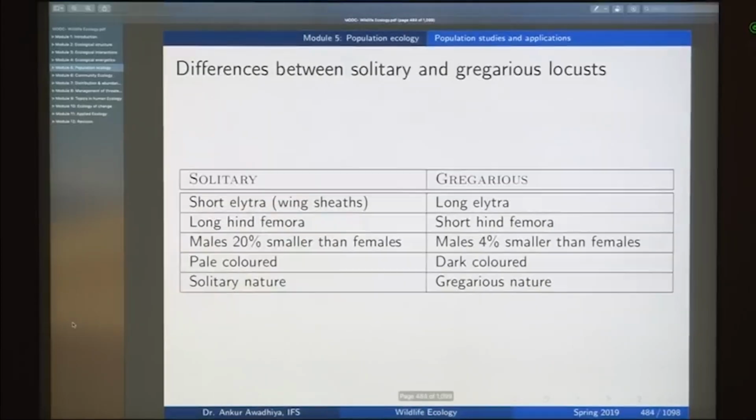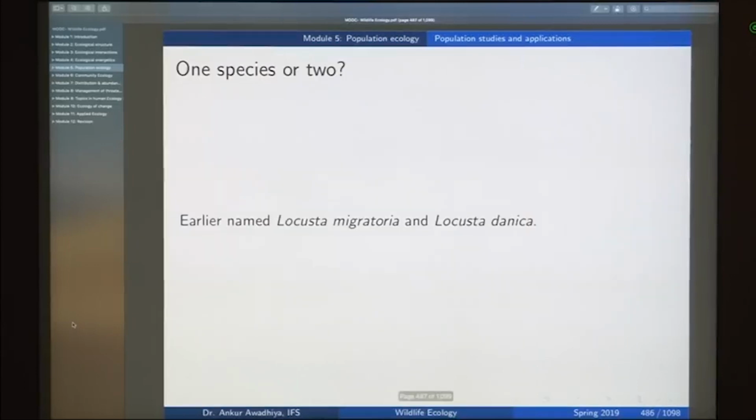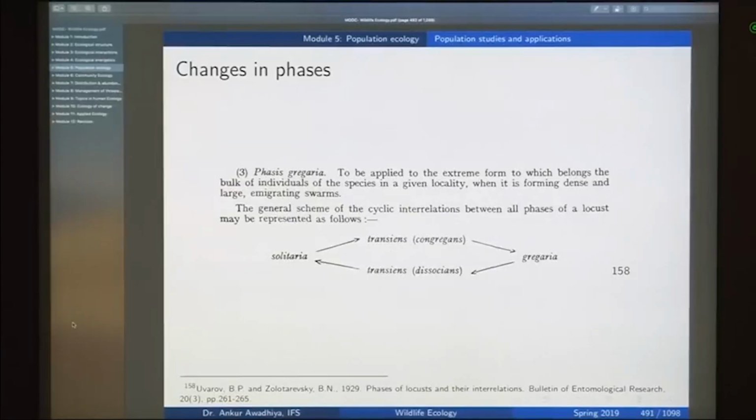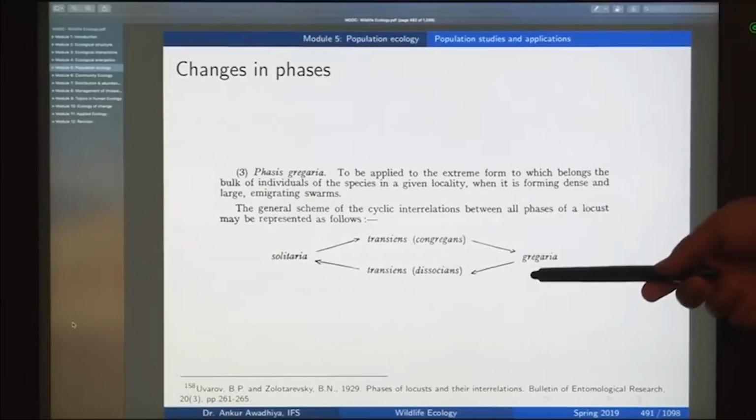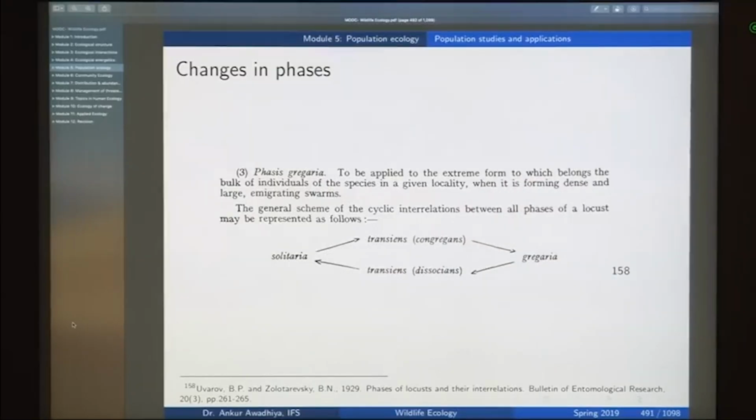And in this case, we looked at the locust problem, in which this species is found in two different forms. One is the solitary form, one is the gregarious form, and even though they look very different, they are members of the same species. And then we looked at how they change from one to another. The solitary phase moves via a transient phase into the gregarious phase, and the gregarious phase moves via another transient phase into the solitary phase.